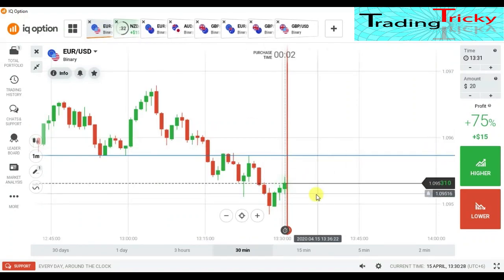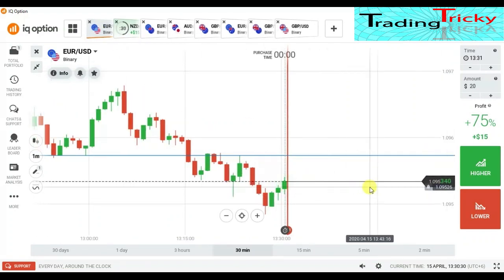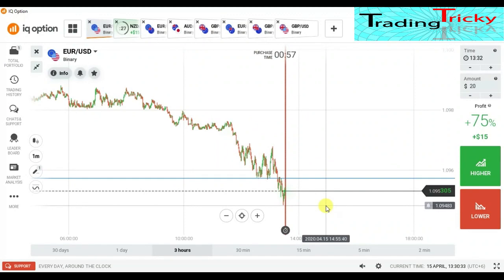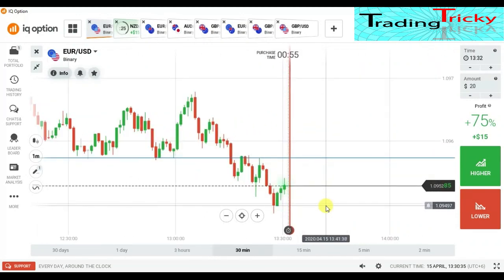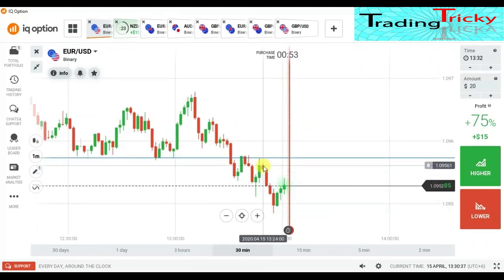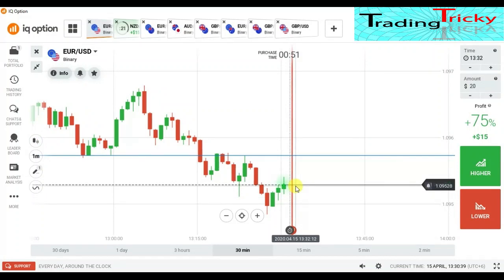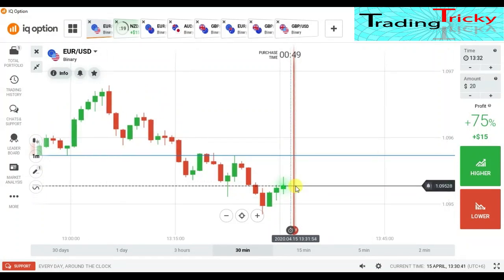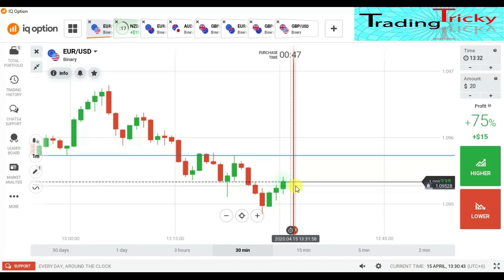Let me check this pair. This is Euro USD. The major trend is also a downtrend. I can see some rejection by the sellers. Okay, let's close this candle.